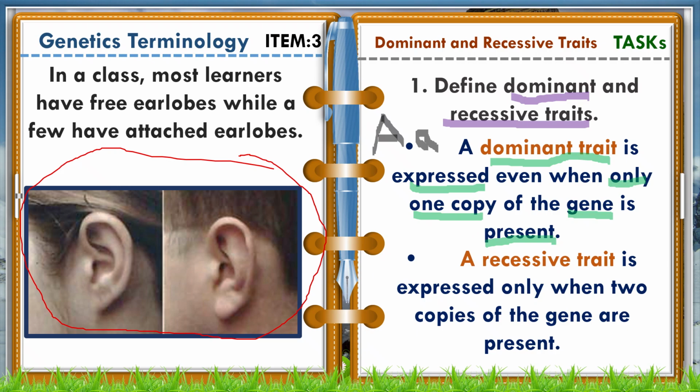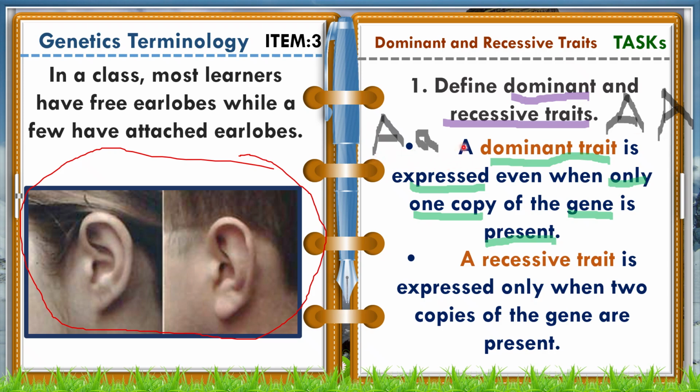Now, when we have capital A and another allele, capital A, both of them are existing together. That means that both of them are dominant. Therefore, a dominant trait is going to be expressed.